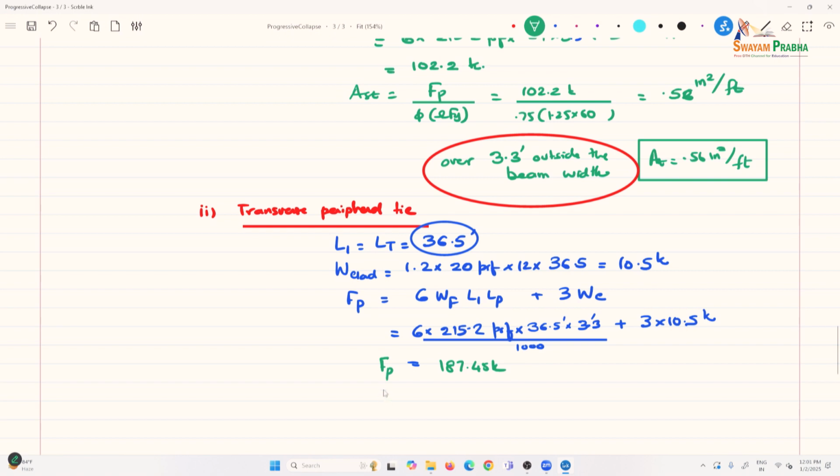So, and then AST is 187.45 kips divided by the same factor is 0.98.